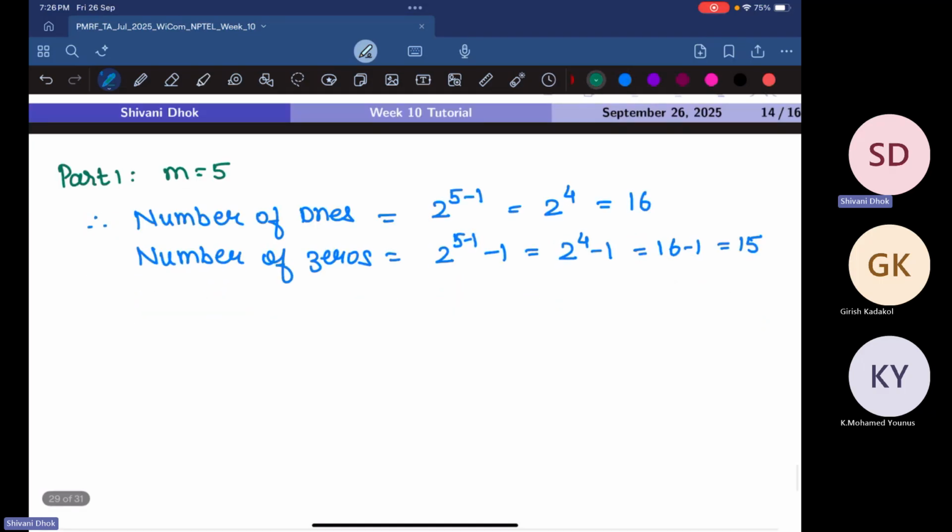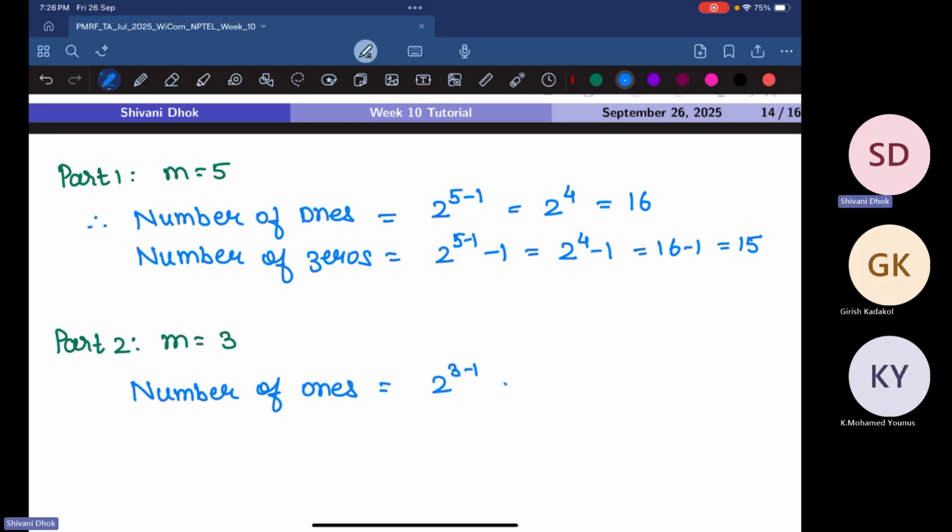And similarly, we have part 2, and this is for M equal to 3. So for this, the number of ones is 2 to the power 3 minus 1, that is 2 to the power 2, which comes out to be equal to 4.